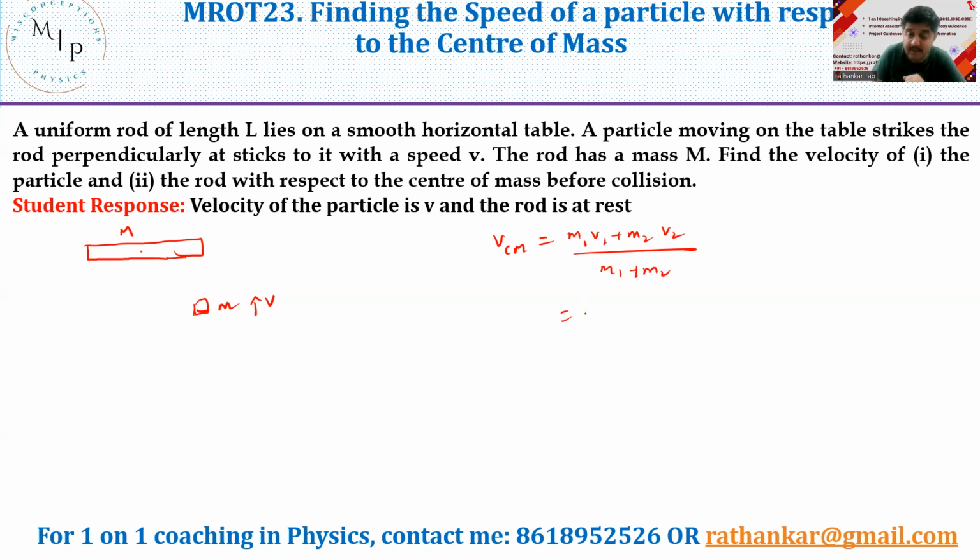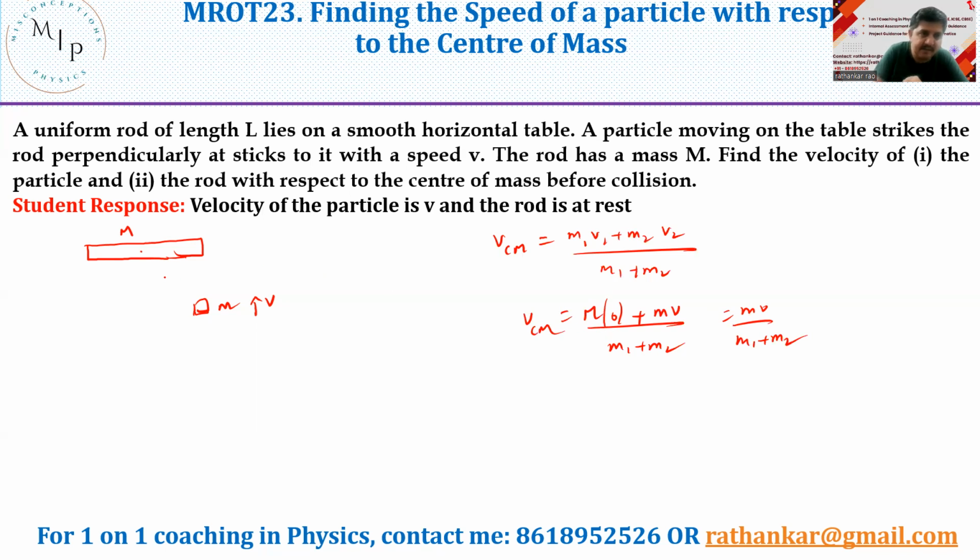So I'll write capital M into 0 plus M2, which is m, into V2, which is v, divided by M1 plus M2, which is MV divided by M1 plus M2. So VCM is equal to so much.